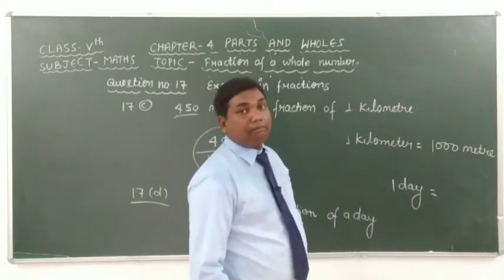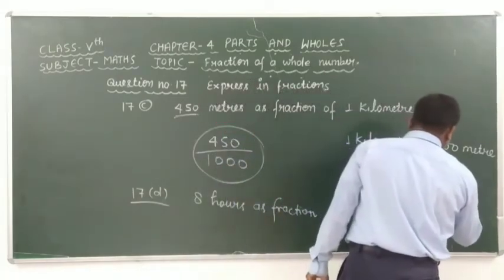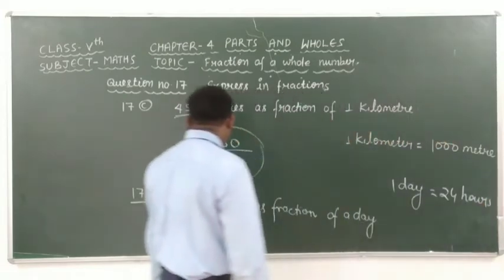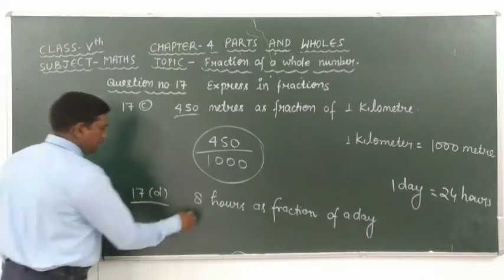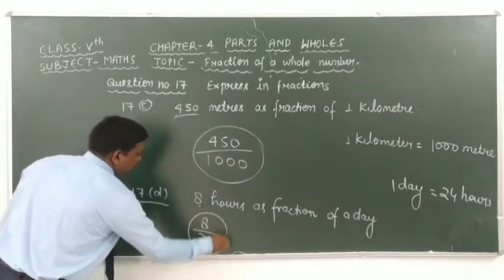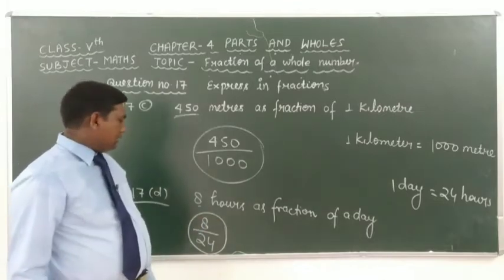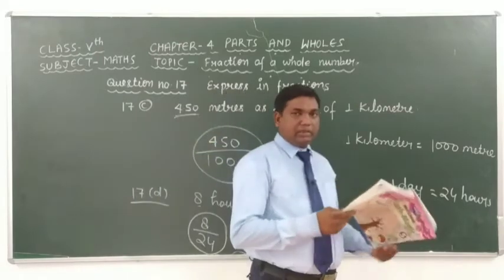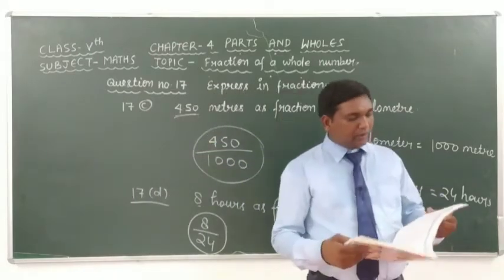In 1 day there are 24 hours. Yes, 24 hours. Then the fraction is 8 over 24. The fraction is 8 over 24. If any student has a doubt, please ask me on my personal WhatsApp number.